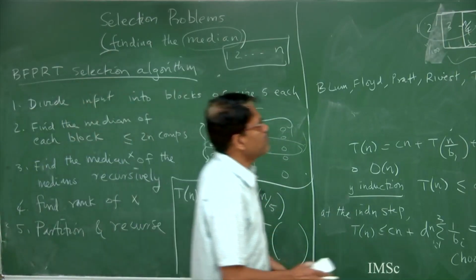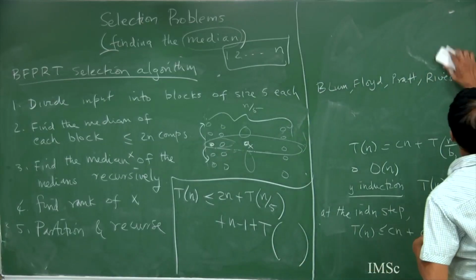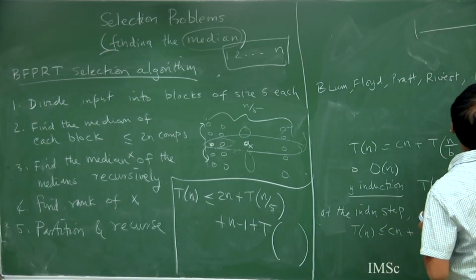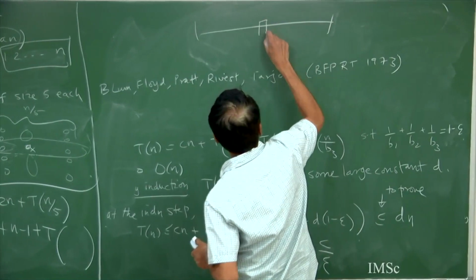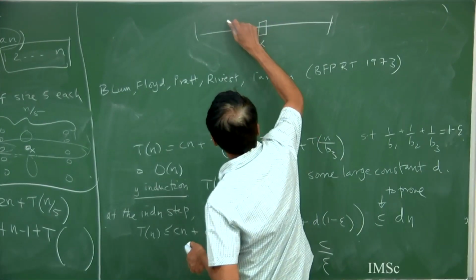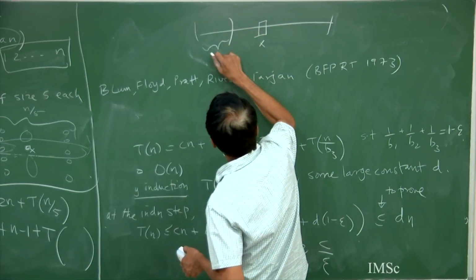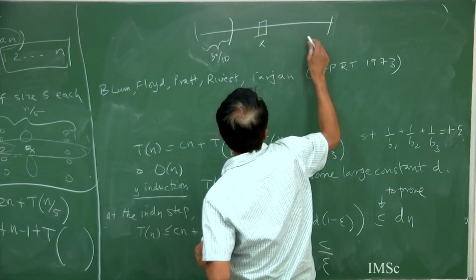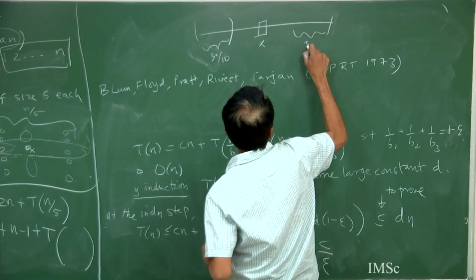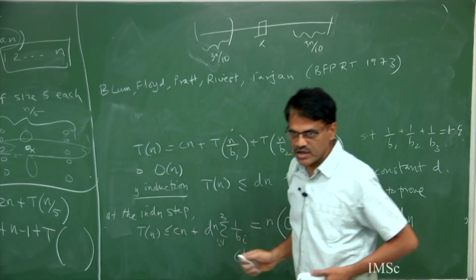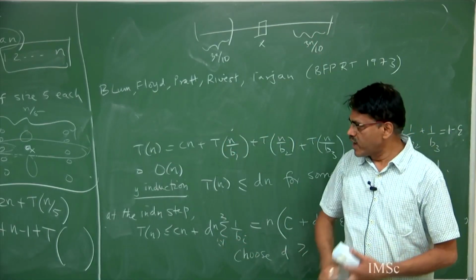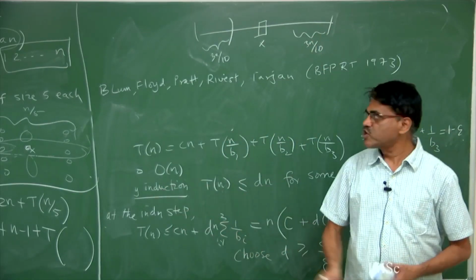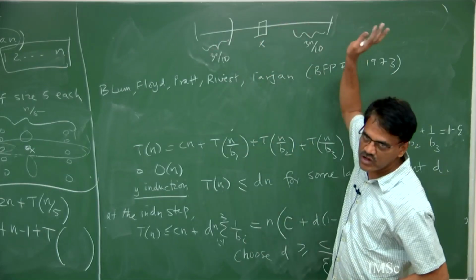So, that means the element which I picked, my x, definitely has at least 3n by 10 elements on this side and at least 3n by 10 elements on that side. So, regardless of which side I am recursing, if I ended up recursing here, these elements are thrown out.